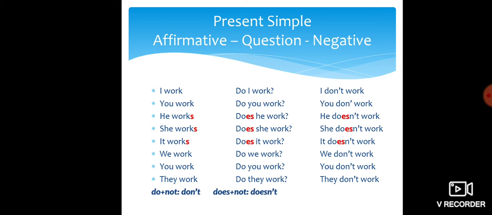We use the same auxiliary in the negative sentences for he, she, it, but with the negative particle not. Contracted, it is doesn't. But pay attention, we just use doesn't for he, she, it. For the other pronouns, I, you, we, and they, we use don't.